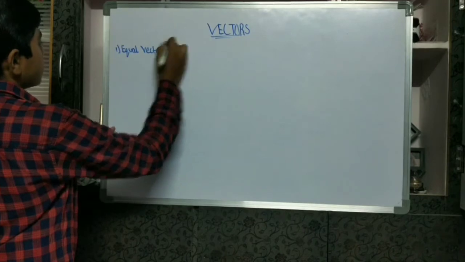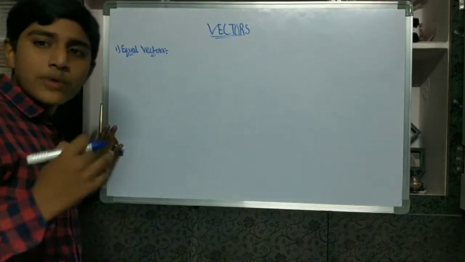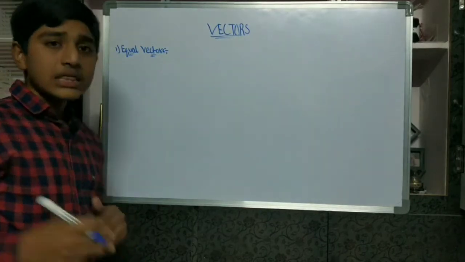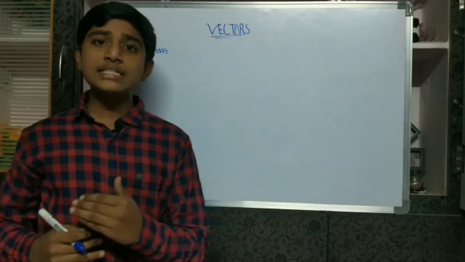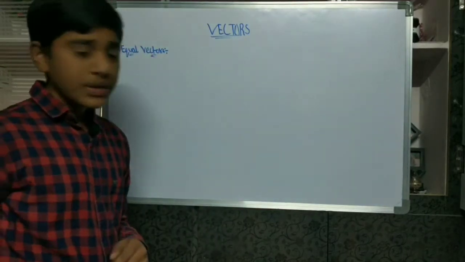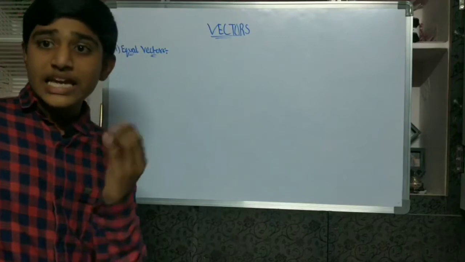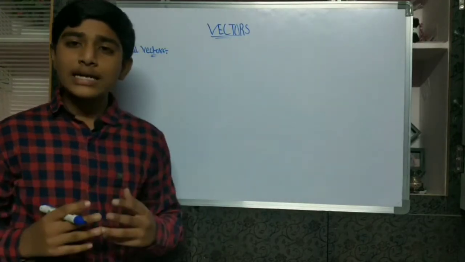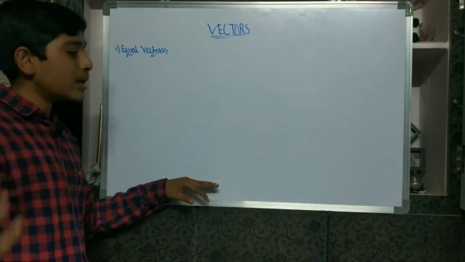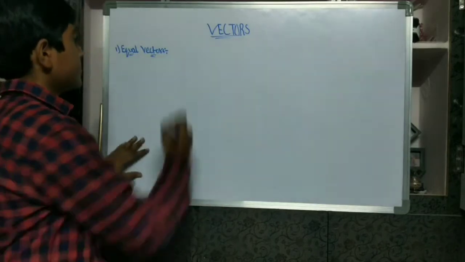Equal vectors. What is meant by equal vectors? The vectors which are having the same magnitude and direction are called equal vectors. In the word equal, you can understand that they are two vectors which are equal, that means they are having both equal magnitude and direction.